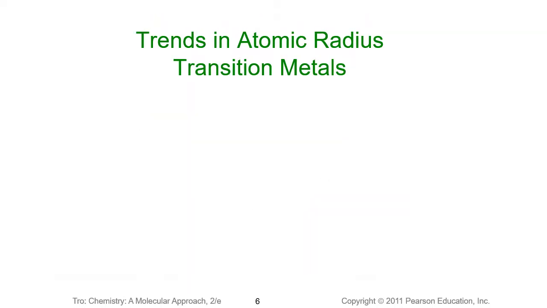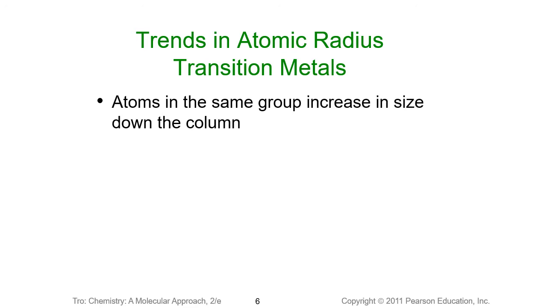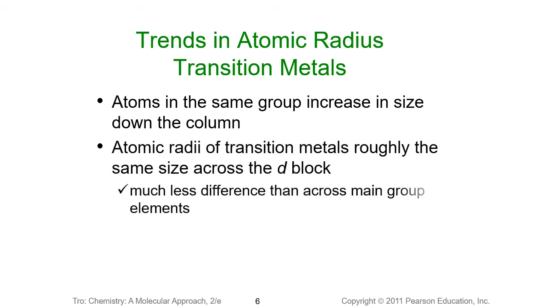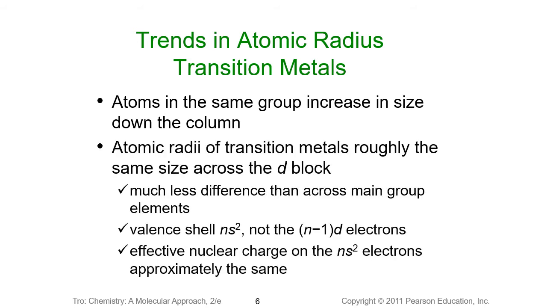The trend for the atomic radius of transition metals is complicated just a little bit. If we look down a column of the periodic table, we do see what we would expect: we are increasing in size as we go down the column because we're adding more and more electrons further from the nucleus. However, as we go across from left to right through our d block, the atomic size stays roughly the same.